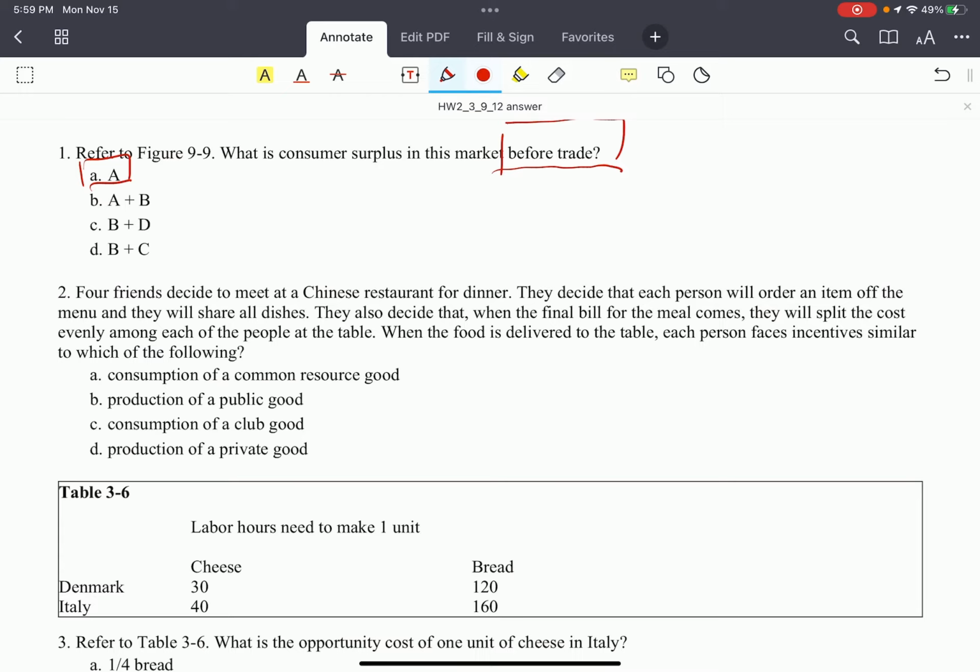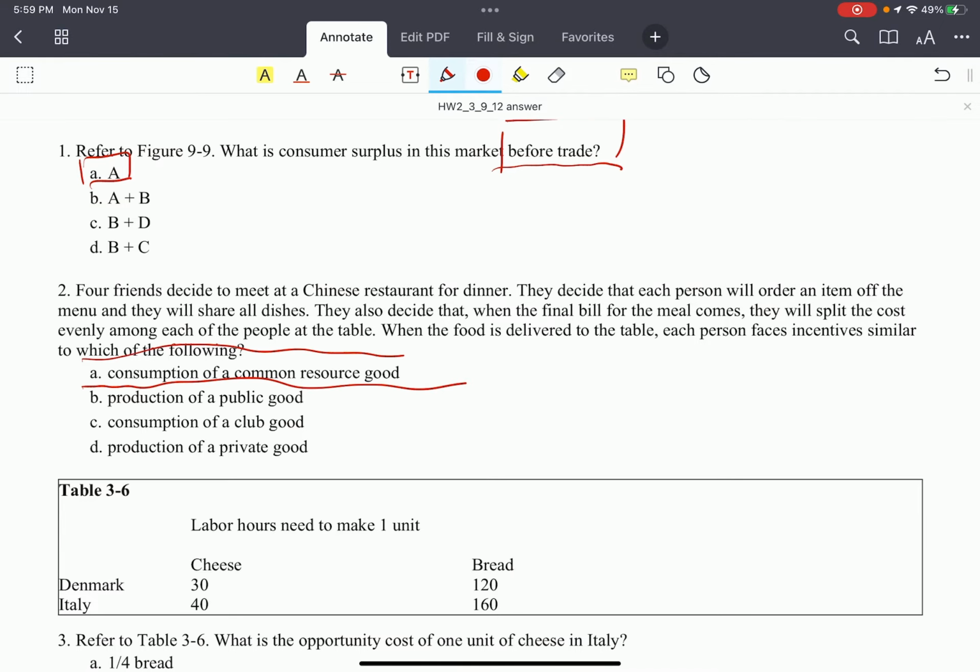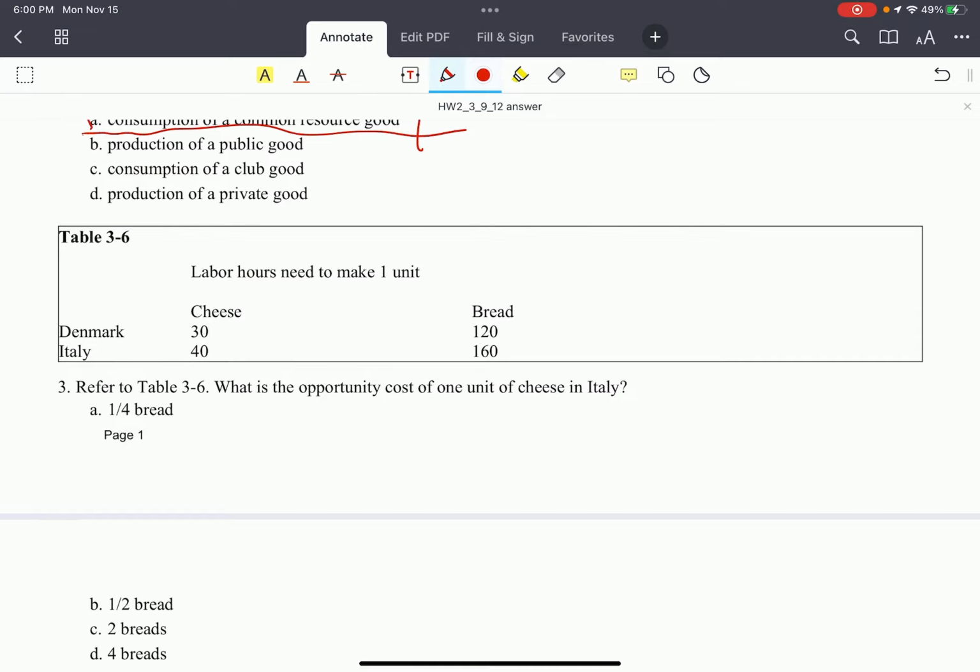Second, if one person eats one dish, then this dish will just disappear. All 3 other people won't be able to eat it. So you can see that there is rivalry. And according to what we have learned in the lecture notes, we're talking about a common resource good. Okay.